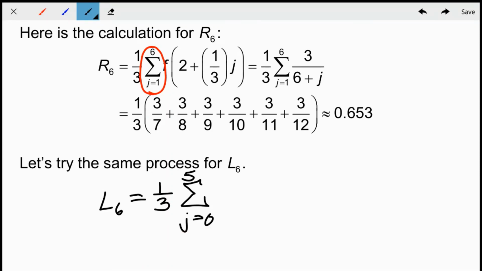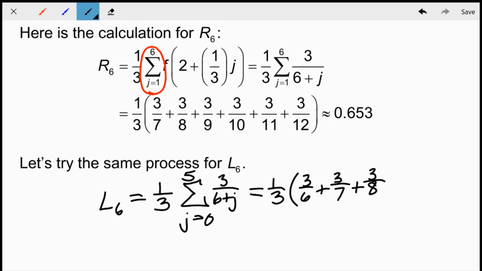I'm still going to have 3 over 6 plus j. And remember, if I were to write this out, that's just shorthand for 1/3 times 3/6 plus 3/7 plus 3/8 plus 3/9 plus 3/10 plus 3/11.